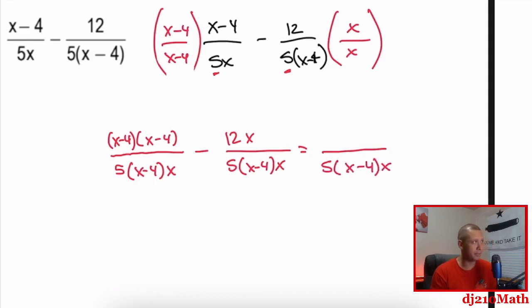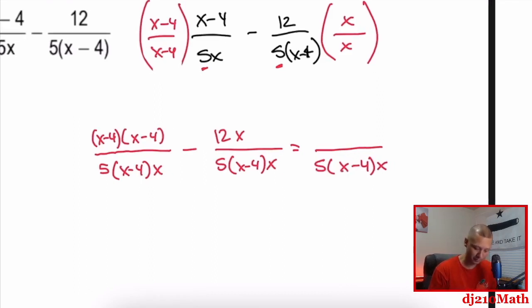So I'm going to leave the denominator factored for the simple fact that some things might cancel here in a bit. X minus 4, x minus 4, minus 12x. Okay. Now, here, it's very tempting to cancel like this.